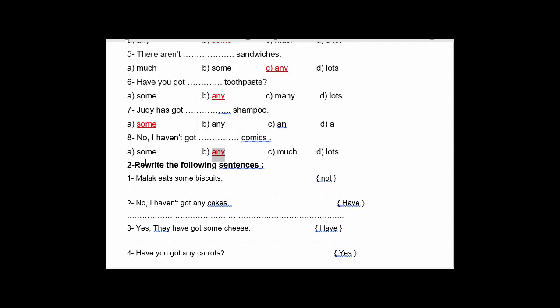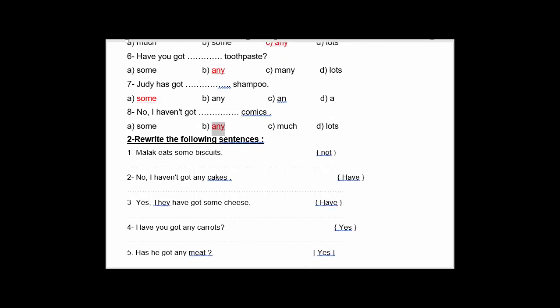Question number 2. Rewrite the following sentences. Number 1. Malak eats some biscuits. Use not. Okay, we start with Malak. Malak eats. Here it's a present simple tense. So the negative form may be don't or doesn't. But look at the subject.